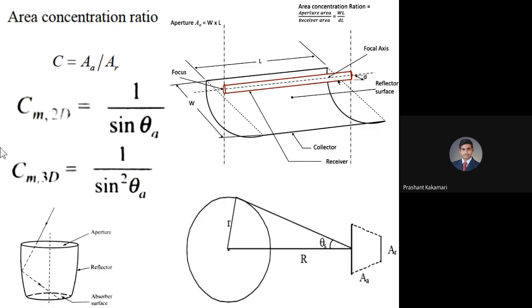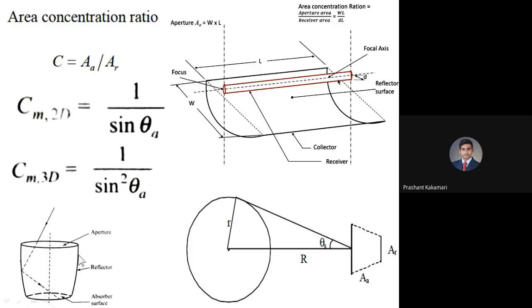In the first sketch, I have taken a concentrating collector. I have considered in that the solar radiations are falling on the absorber plate directly, or the receiver plate directly, and a few of the solar radiations are reflected back from the reflector surface or the mirrors.